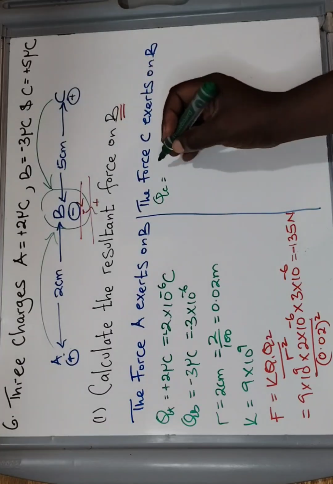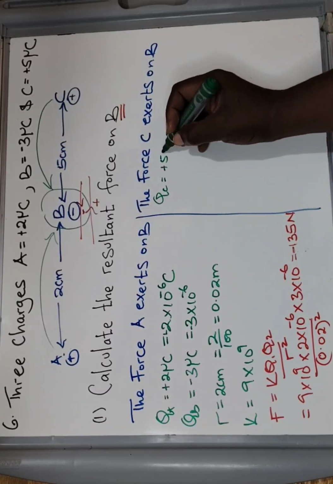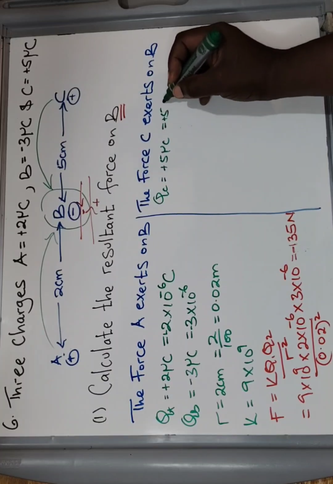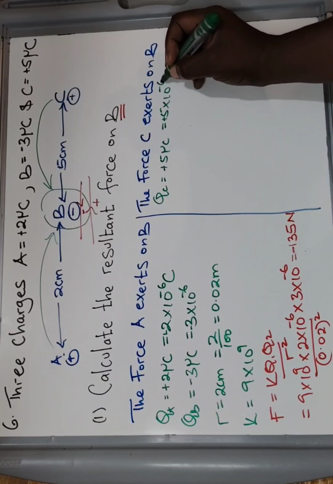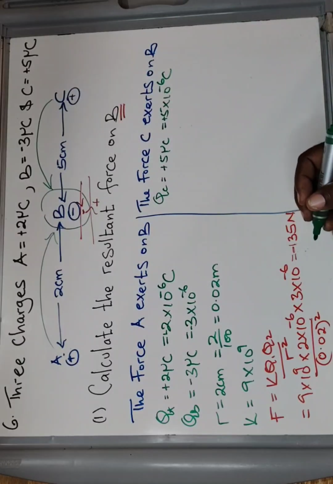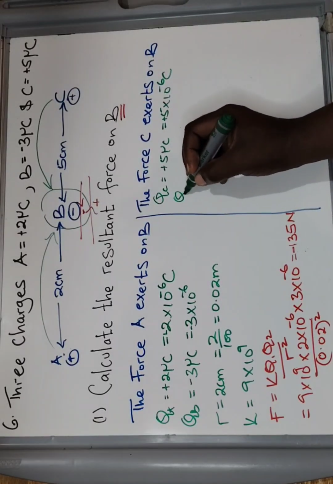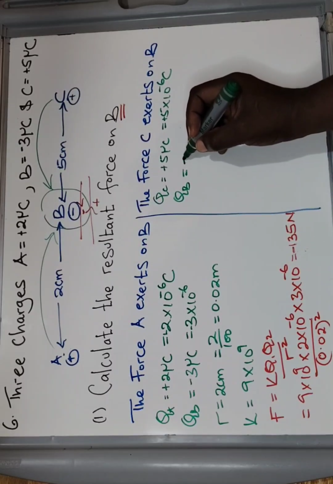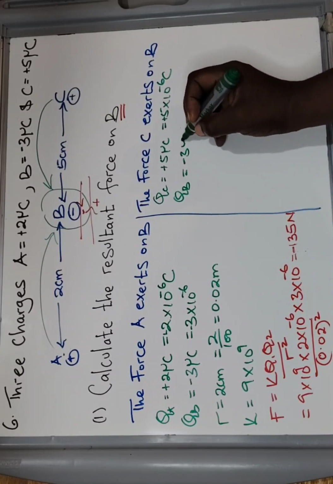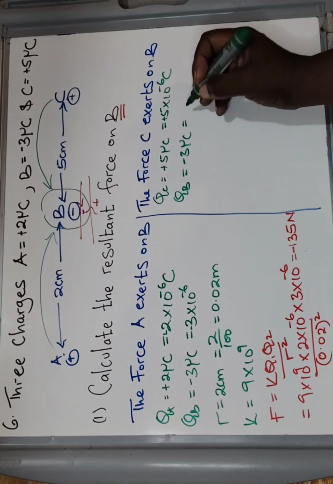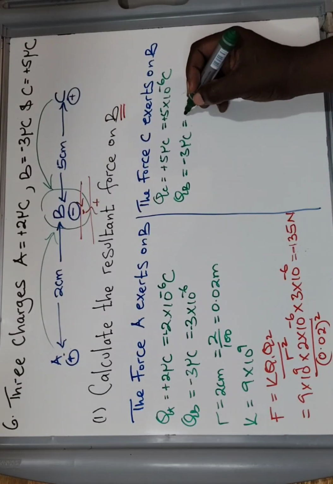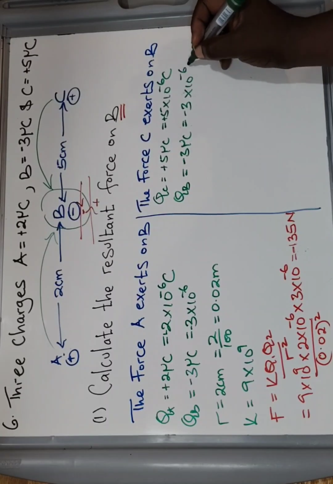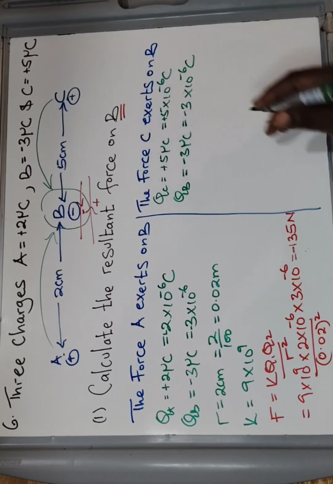The value of QC is plus 5 microcoulomb, which gives you plus 5 times 10 power minus 6 coulomb. Then you have QB. It is minus 3 microcoulomb, which gives you a negative 3 times 10 power minus 6 coulomb.